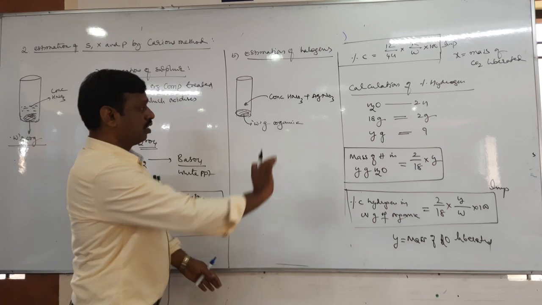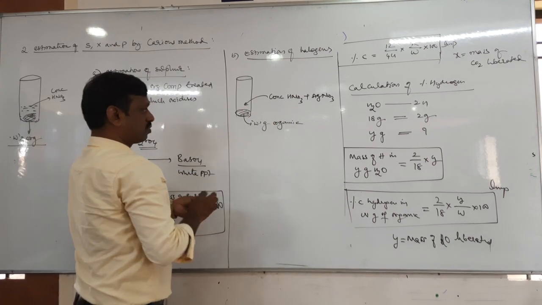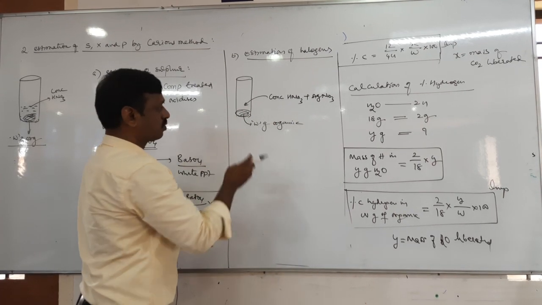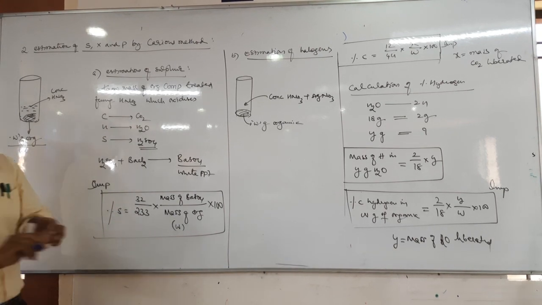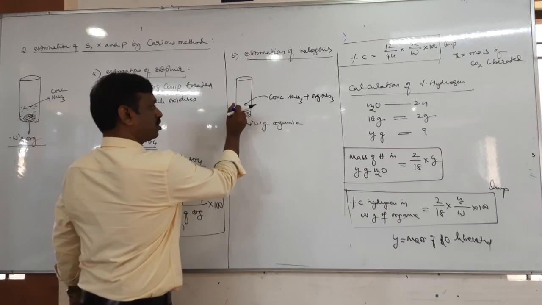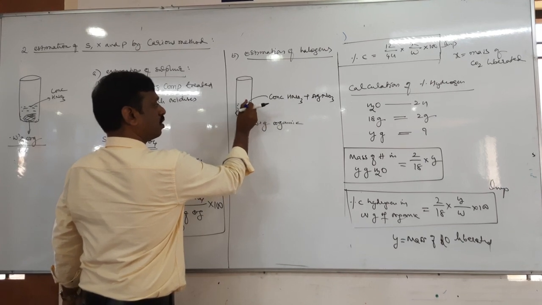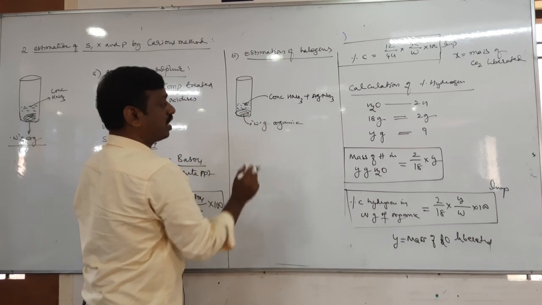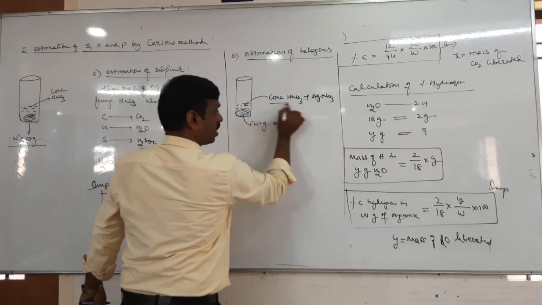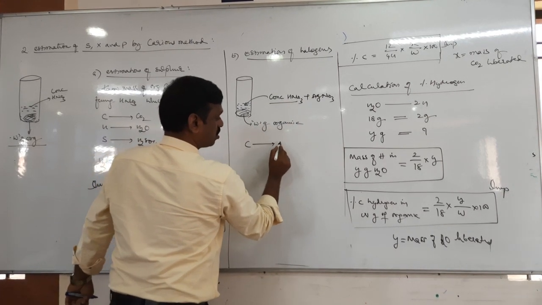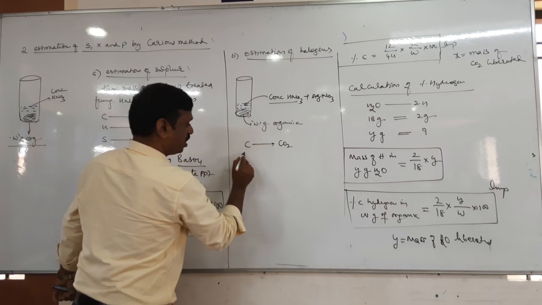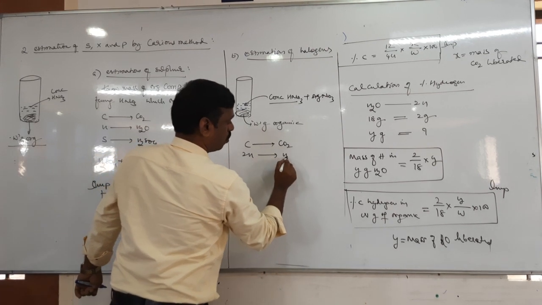Now tell me, in this process, what happened here? A known mass of organic compound, first it is treated with what? Fuming nitric acid. This fuming nitric acid, concentrated nitric acid, oxidizes carbon to carbon dioxide, hydrogen to water.